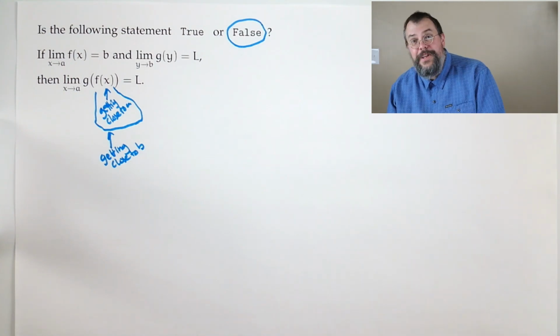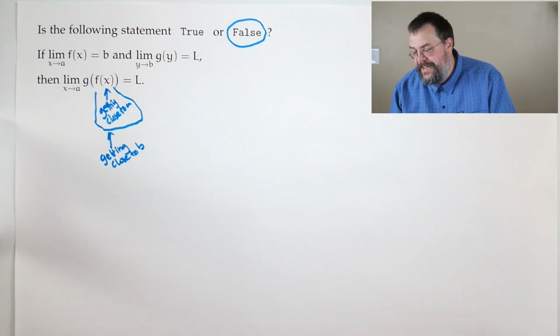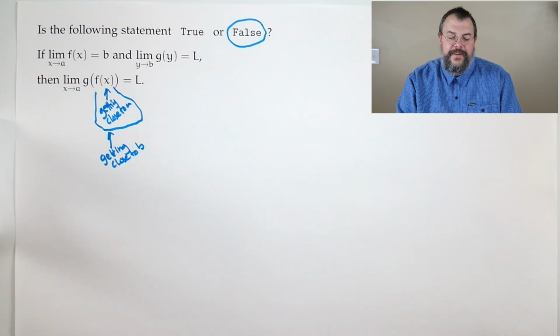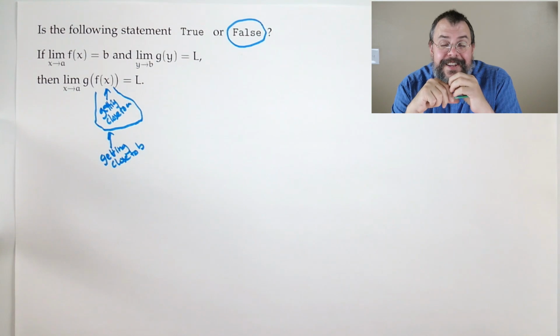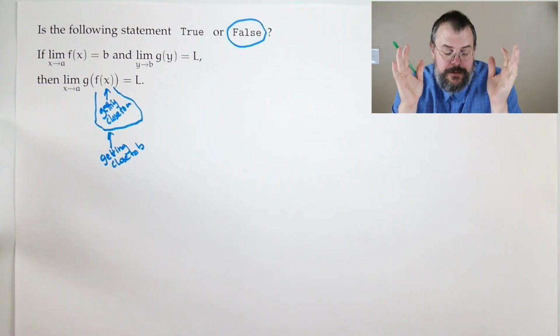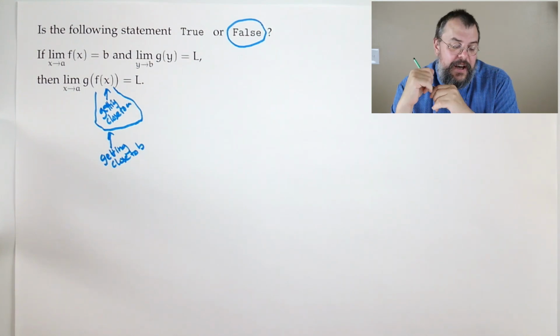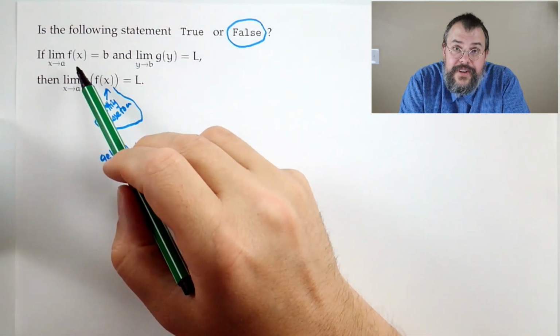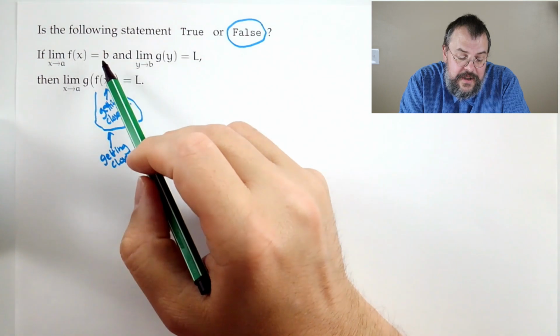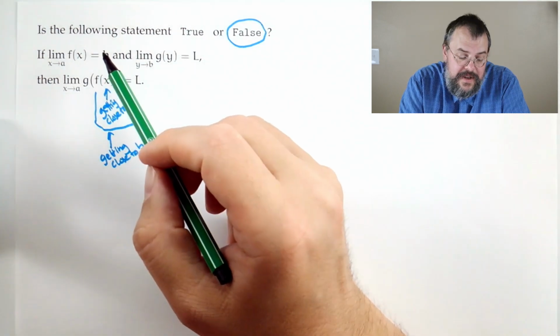So let's be really careful, because I said something which was a little bit misleading. What did I say which was misleading? I said the following: as x is getting close to a, the function is getting close to b. Now that's a true statement.